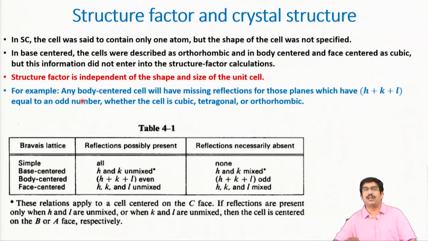We didn't mention the shape of the unit cells. For example, when we said simple structure, we didn't say simple cubic. When we said base centered, we meant orthorhombic, but we didn't enter information like for an orthorhombic crystal structure, a not equal to b not equal to c, and alpha, beta, gamma equal to 90 degrees. Those details didn't come in.